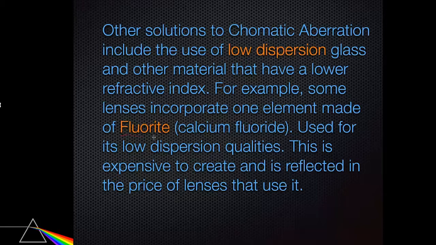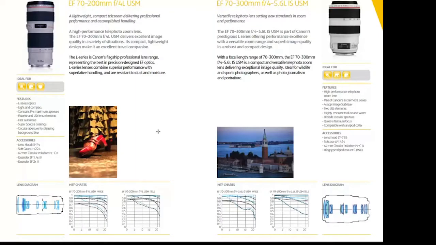Just look at some of the brochures or ads for different lenses, and you'll see they advertise that they use fluorite. It's a crystal that they can find naturally, but they can also manufacture it. Very expensive to make. So lenses tend to be expensive because they have one or two lens elements, not all of them, made out of fluorite just to solve that problem. They will refer to their lenses as having low dispersion glass or something like that.